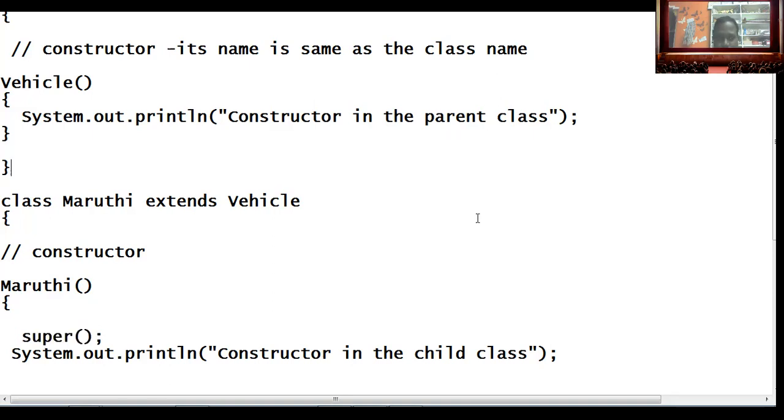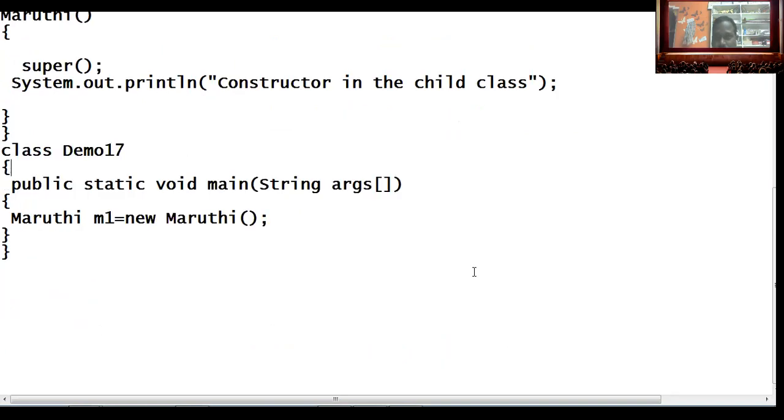This is the way the super keyword plays a prominent role in three different places: to invoke the immediate instance variable of the parent class, to invoke the immediate method of the parent class, and to invoke the constructor of the parent class. That's why I told you that the super keyword is used in the subclass to access the superclass members. That may be an instance variable, a method, or a constructor.